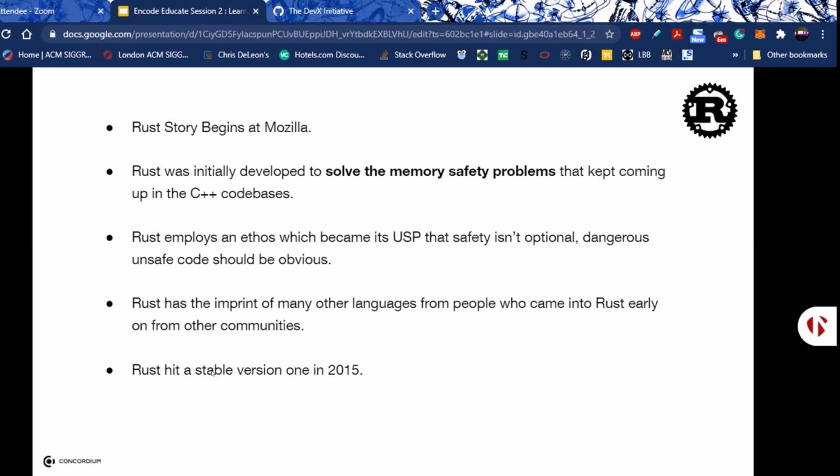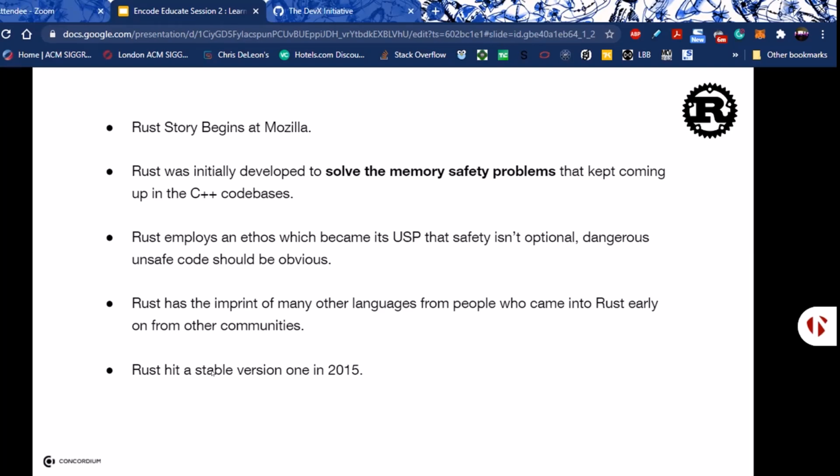It's now open source, so it's an open source language and project. And again, it employs the ethos that safety isn't optional when it comes to programming and creating your applications.